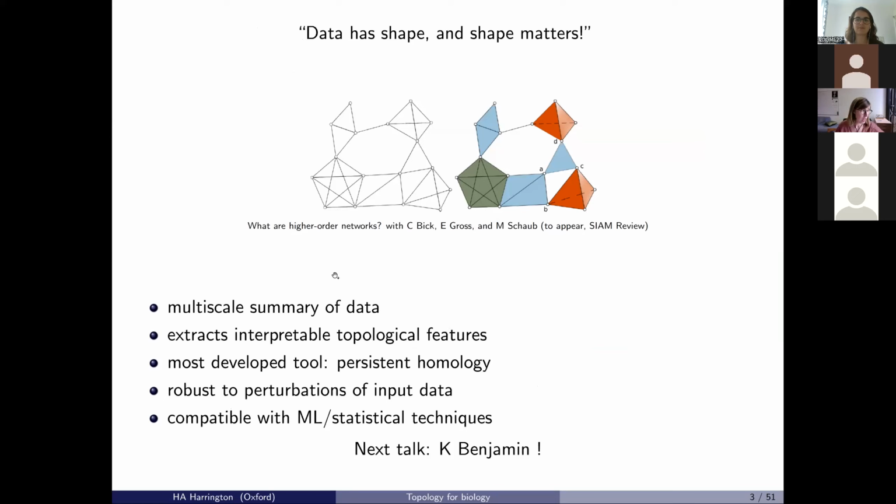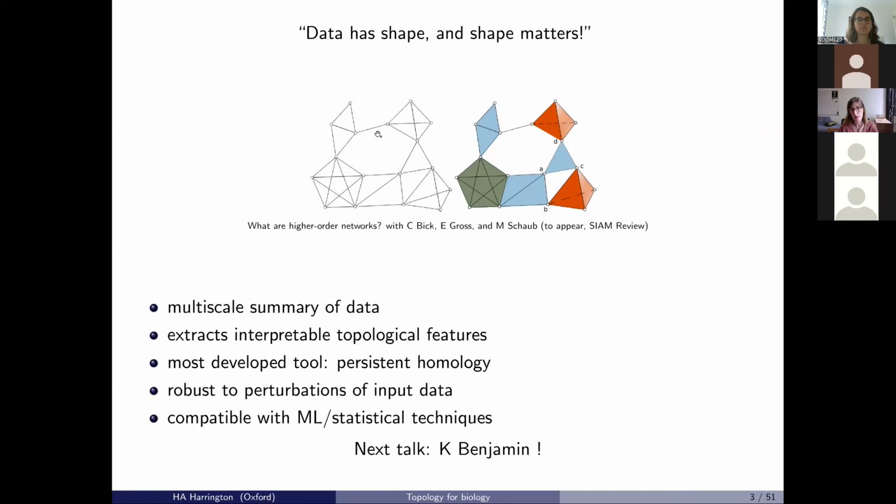If you are just starting out as a student, I think review articles, in addition to talks, are the best way to get an introduction to a field. With Chris Bick, Elizabeth Gross, and Michael Schaub, we wrote this article that will appear in Science Review, and it discusses different data structures within computational geometry and topology that can be useful.